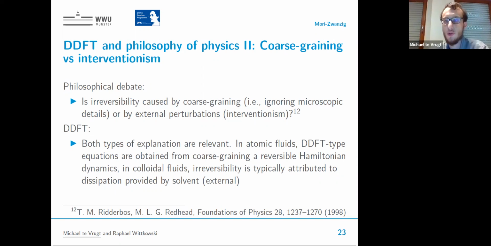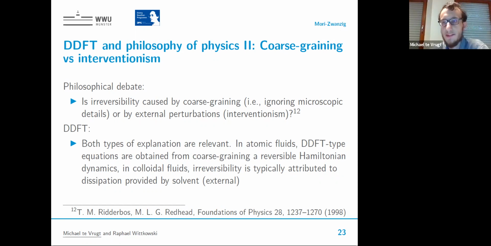So if you apply DDFT to atomic fluids, you're starting from Newton's equations or Hamilton's equations, which are invariant under time reversal. And in this case, to get an irreversible dynamics, as it would be given by DDFT with momentum density, or the Navier-Stokes equation with dissipative terms included, then you need to apply coarse graining.